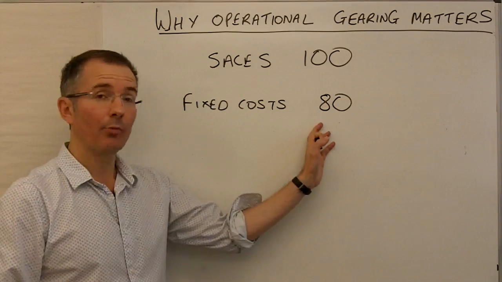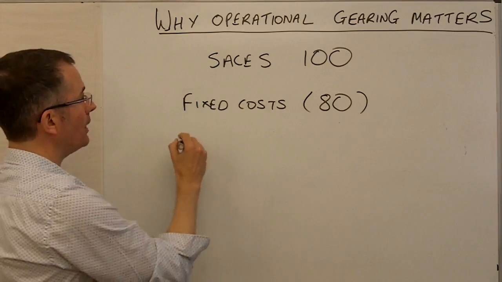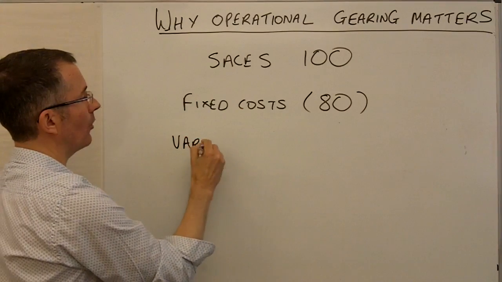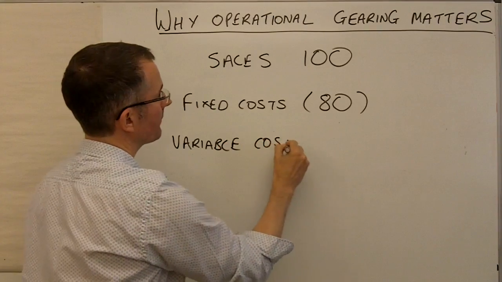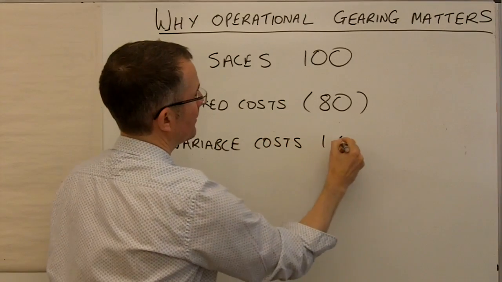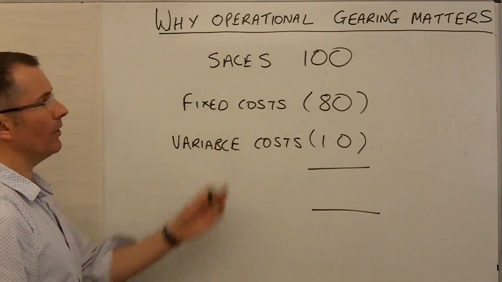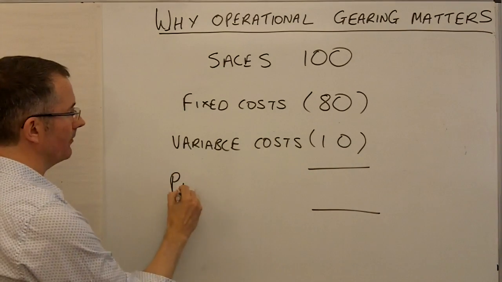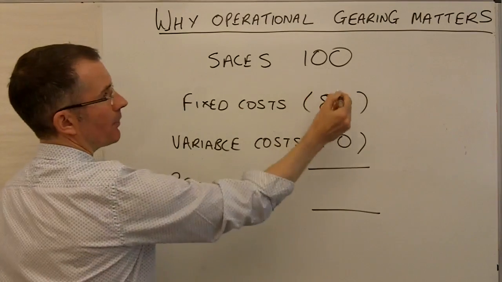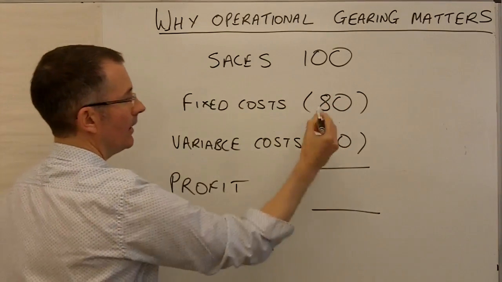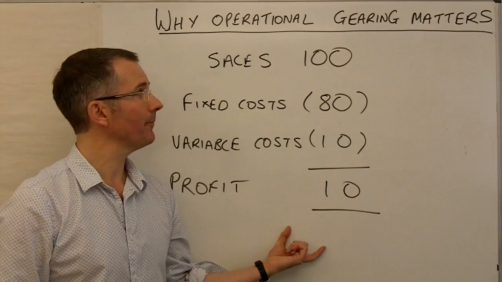So imagine that's your property and staff costs, make them negative because they're costs, and you've got your variable costs, that's your light, your heat, your utilities and so on, of 10. Very simple business. So you now have a profit, that's revenue minus costs, of 100 minus 80 minus 10, so that's 10.